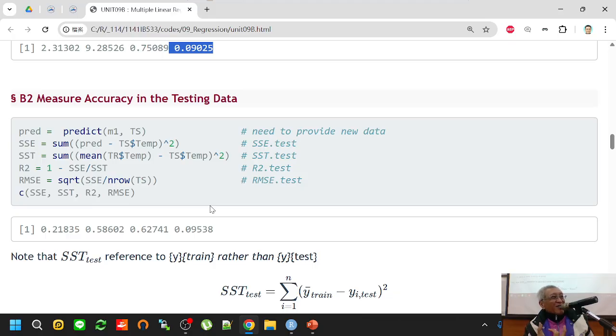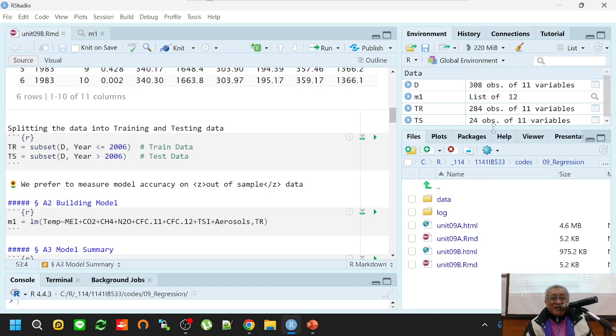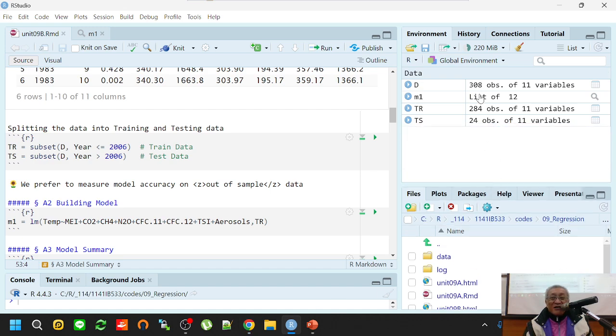Here we only have about 306 data points. We train with only 280 points and test with only 24. In the case of the customer data frame, we have about 30,000 customers.